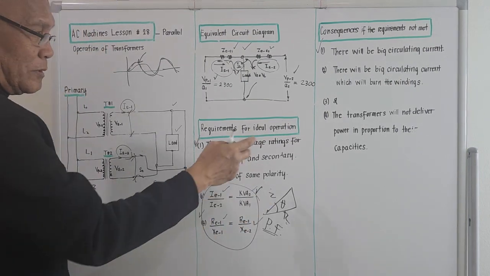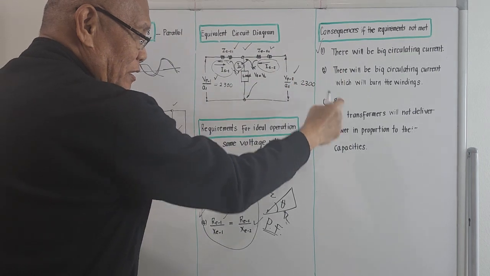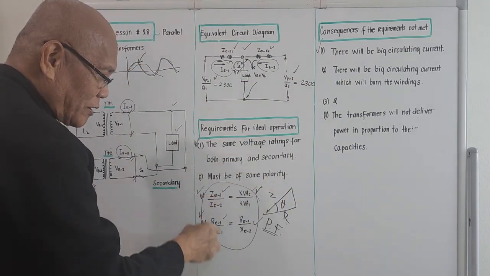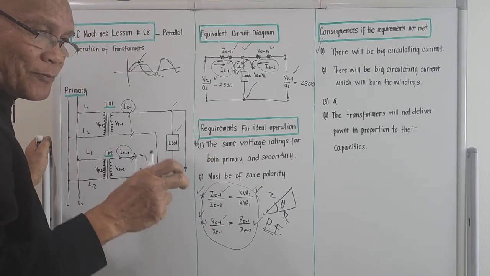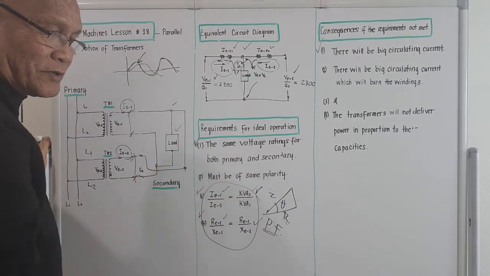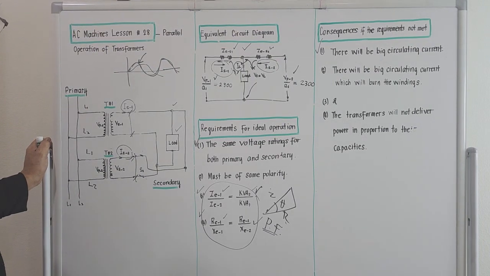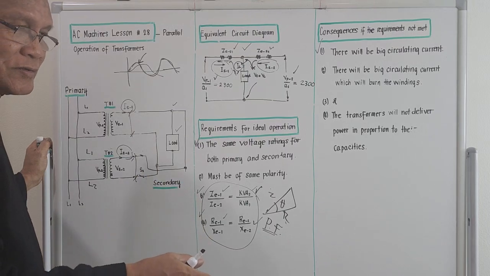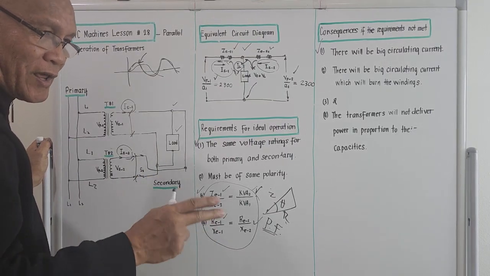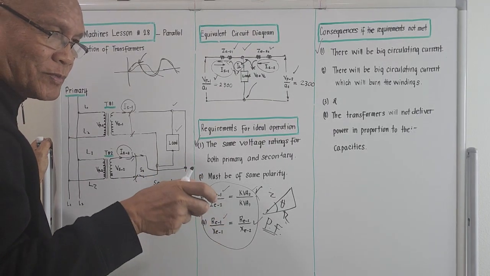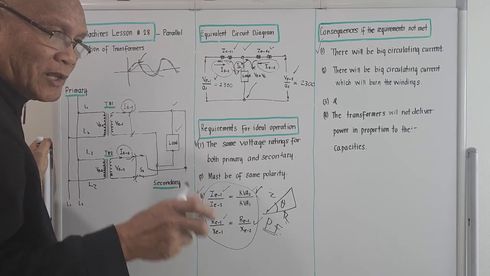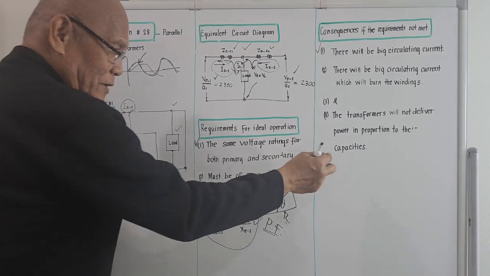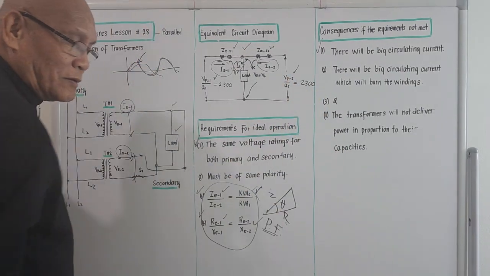And according to consequences number 3 and number 4, if these 2 equations are not met, the 2 transformers will not deliver power in proportion to their capacity. So meaning to say, the resistance and reactance of the 2 transformers should be the same. If they are not the same, they will not deliver power in proportion to their capacities. That's the meaning of that.